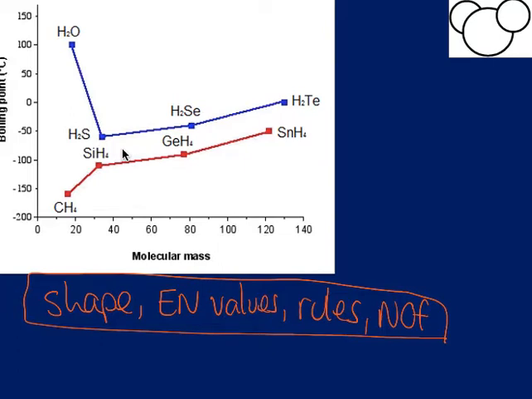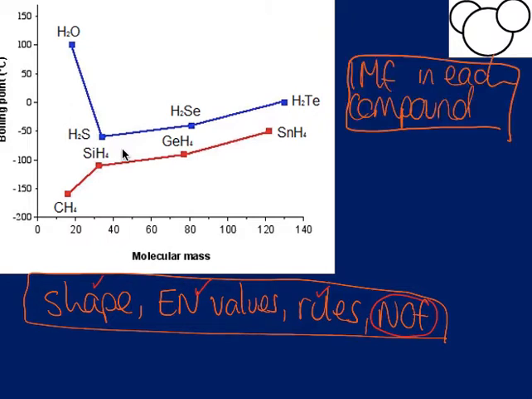So you're either learning to do it, or you're recognizing what the shape is and the electronegativity difference between your bonds. You're going to use your rules, and obviously the easiest thing is NOF present, because that's going to give you hydrogen bonding straight away, so that makes it easy.